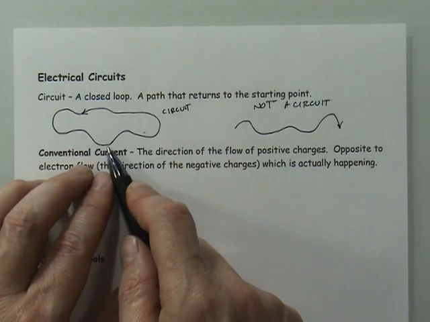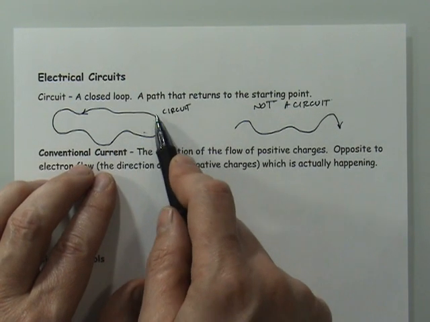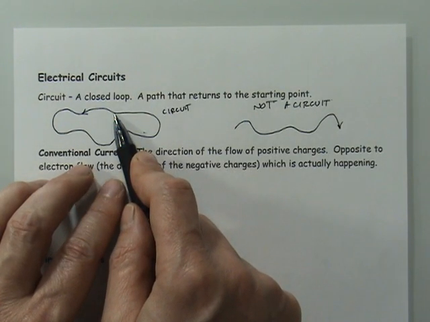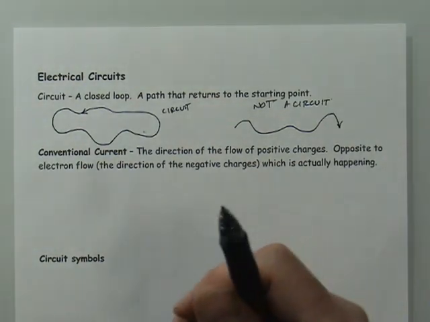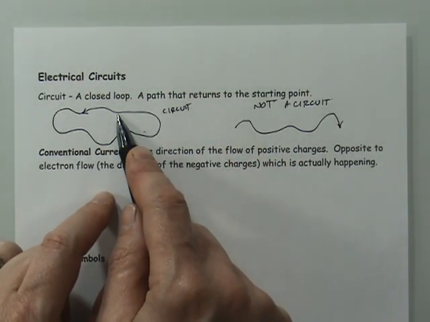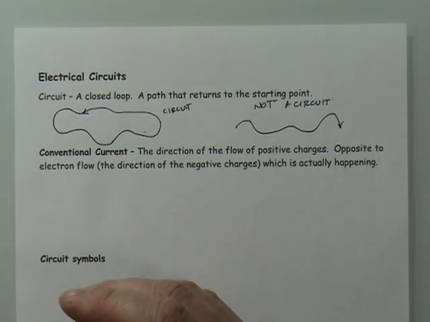So if 5 amps passes through this point, that means 5 coulombs of charge passes by every second. Therefore, every other part of the circuit must also have 5 coulombs passing every second. Otherwise, charge is disappearing, or maybe charge is even coming in. If I see 5 amps here and I look somewhere else and I see 6 amps, where is that other amp coming from? There's no source for that other amp to come from.